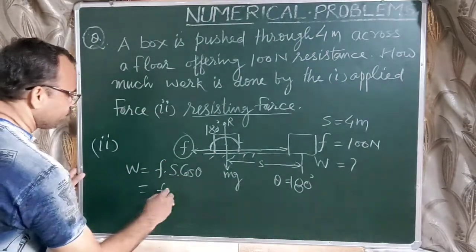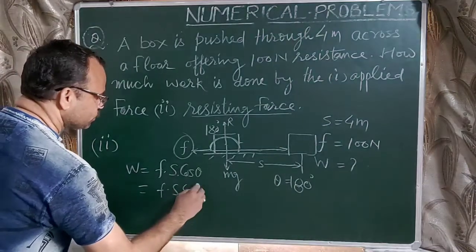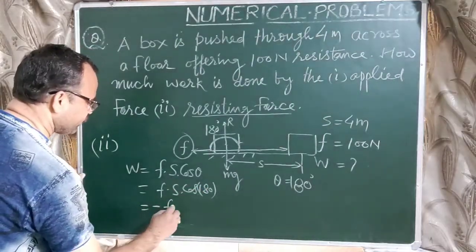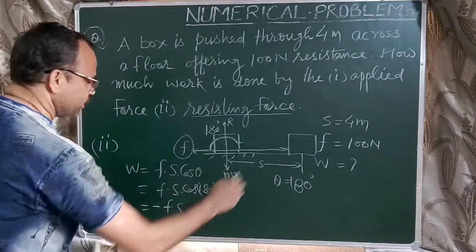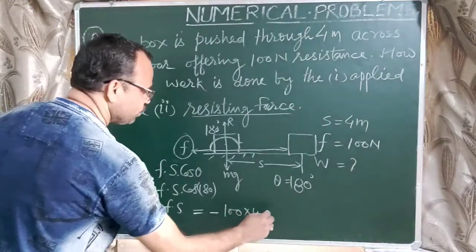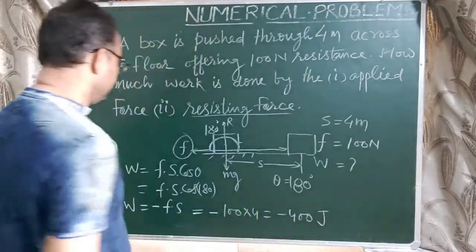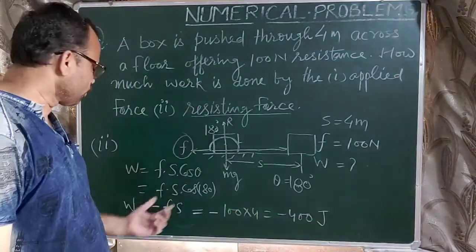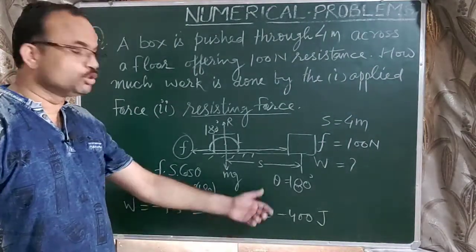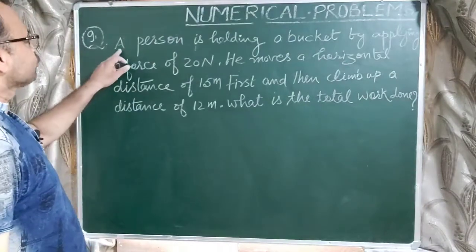So F into S into cos 180. The value of cos 180 is minus 1, so it is minus F into S. Now put the values: minus 100 into 4, which means minus 400 joule. So work done by the resisting force, or work done by the frictional force, will be minus 400 joule.